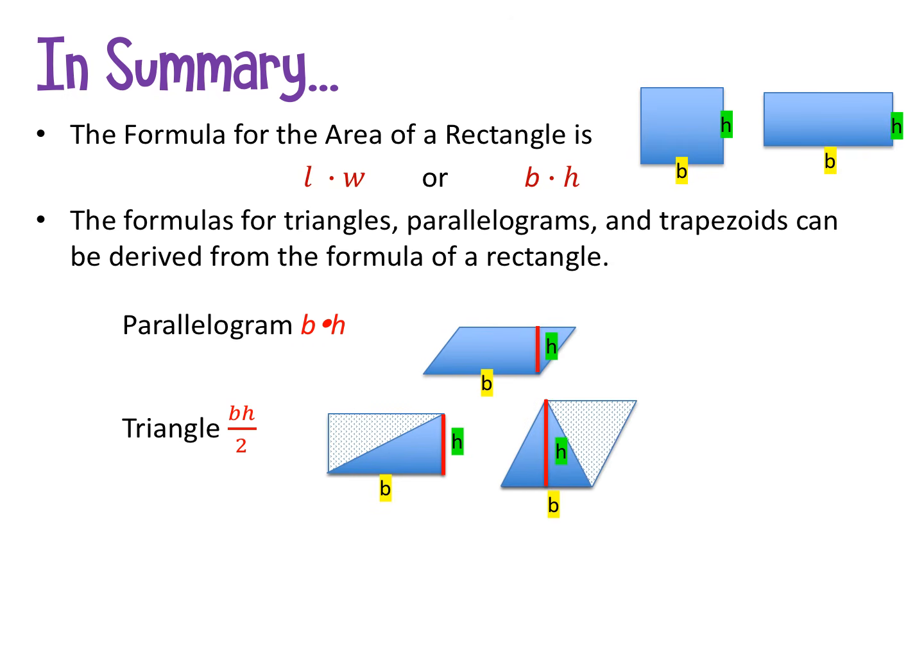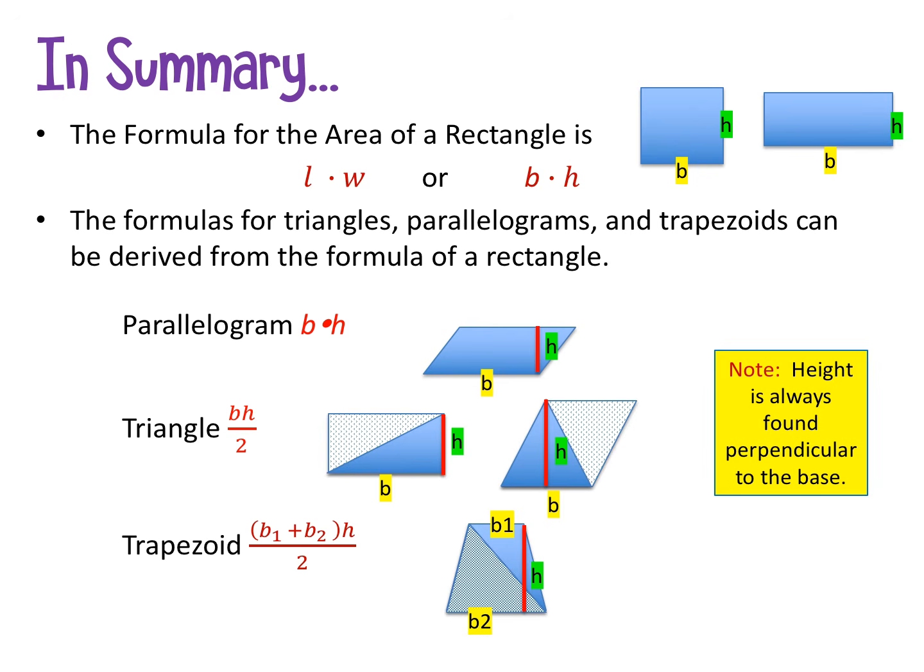A triangle is half of a rectangle, or half of a parallelogram, so it's base times height divided by 2. A trapezoid is made up of two triangles with two different base values. We use the formula base 1 plus base 2 times the height of the trapezoid, all divided by 2. Always remember, the height is always found perpendicular to the base.